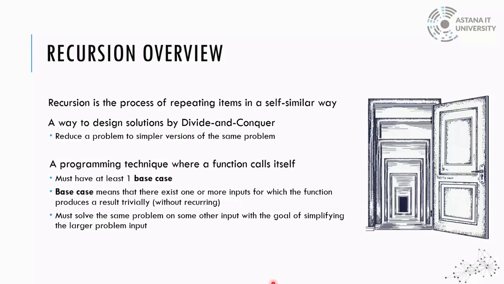We introduce the condition when that, let's say, smallest subproblem can be solved at once without any need of recursive calls. Basically, the recursive method must solve the same problem on some other input with the goal of simplifying the larger problem input.